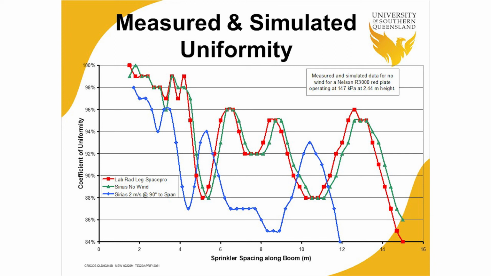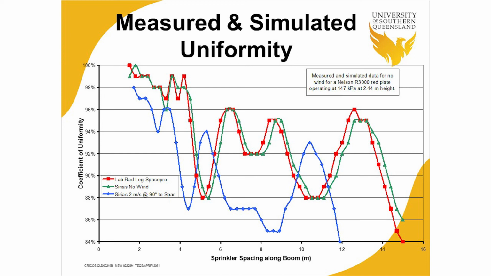Here I've got a plot using that previous radial leg information and actually then running an analysis of the uniformity, which is on the vertical axis, and the higher the better, versus the sprinkler spacing as we stretch those sprinklers further and further apart.